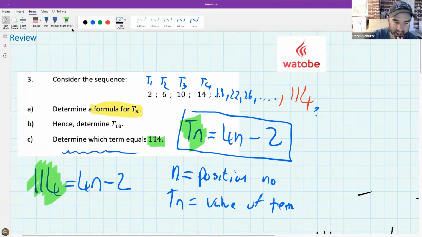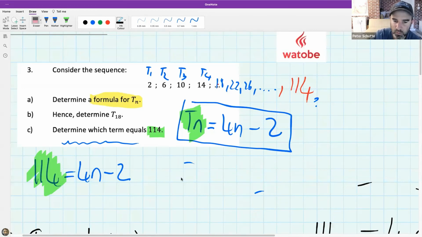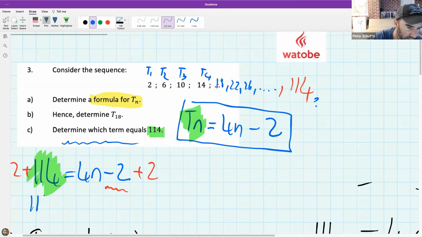After that, we have to solve for this n, the position number. The way we do that is we use what are called opposite operations. We really need to deal with this minus 2, so I add 2 to both sides. If I add 2 to both sides, what I'm left with is just 116 equals 4n.